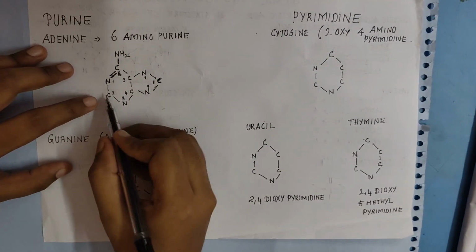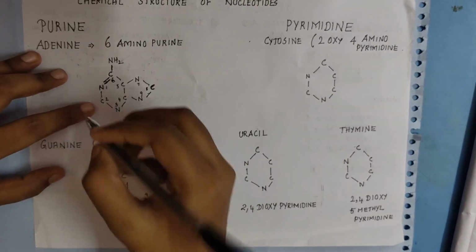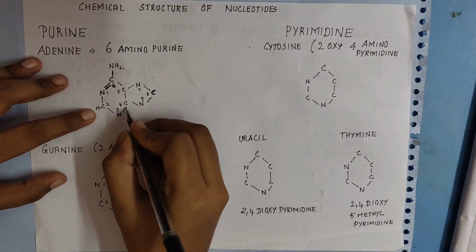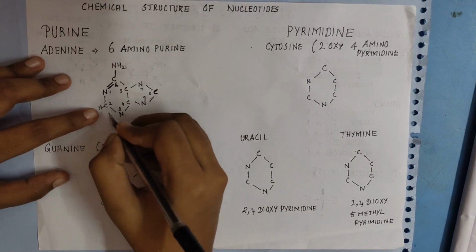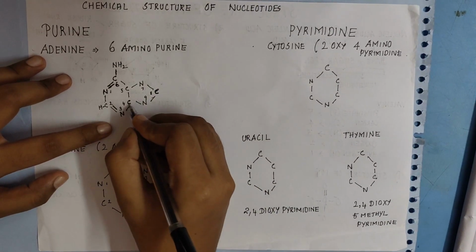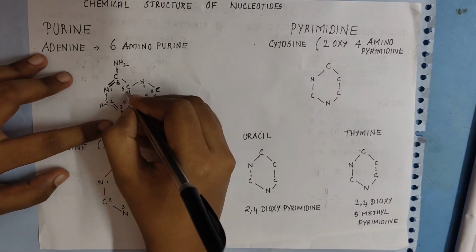So next is this carbon, 1, 2, we need another 2 bonds for this, so we will add H over here. In this nitrogen 1, 2, we need another bond, so for these two commonly we can put a bond over here. Next carbon is this, 1, 2, 3, we need another bond, so we can put it over here.